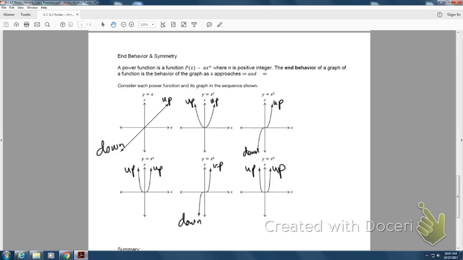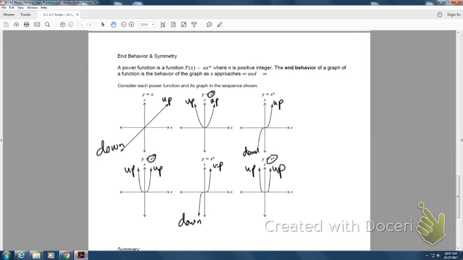What is making the graphs either go in opposite directions or go the same direction? Obviously it's the exponents because that's the only thing that's changing, but what about the exponents? They're all positive, but what is giving me one that goes down and up as opposed to up and up? The even numbers go up and up, and the odd numbers go down and up. Okay, all of the ones that are up and up, x squared, x to the fourth, x to the sixth, those are all even. All of the odd exponents are going down and up.